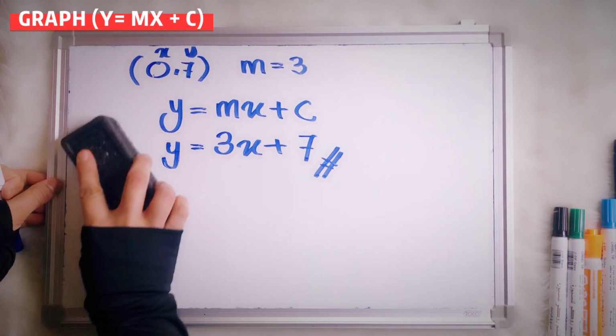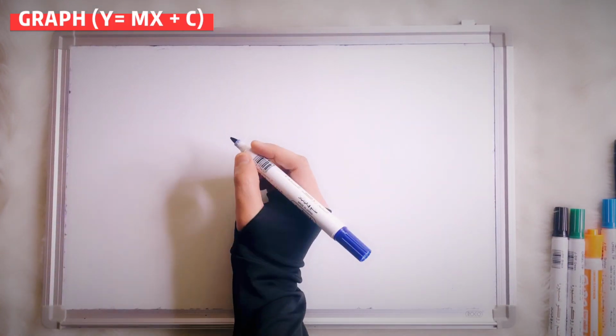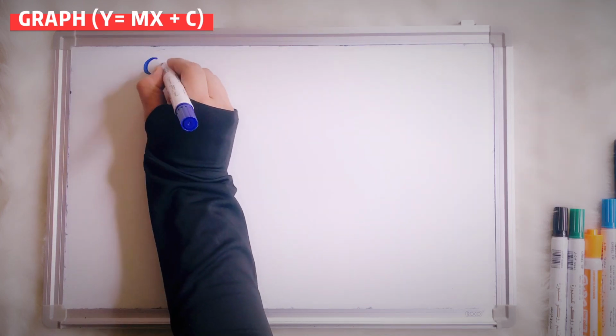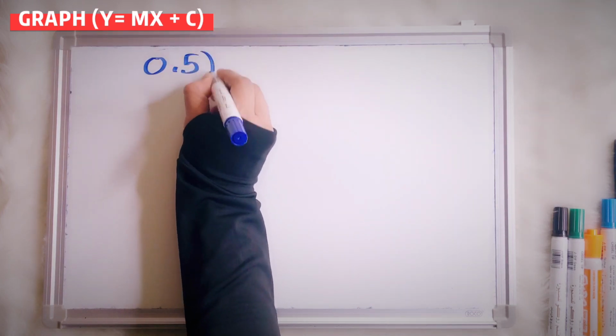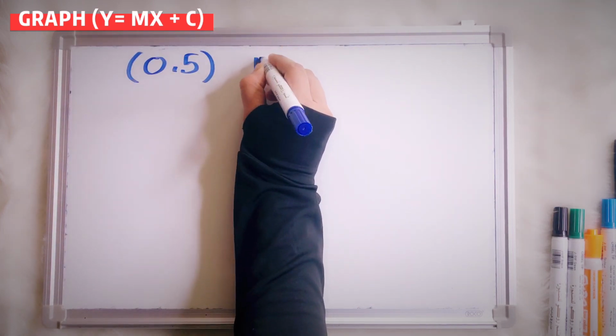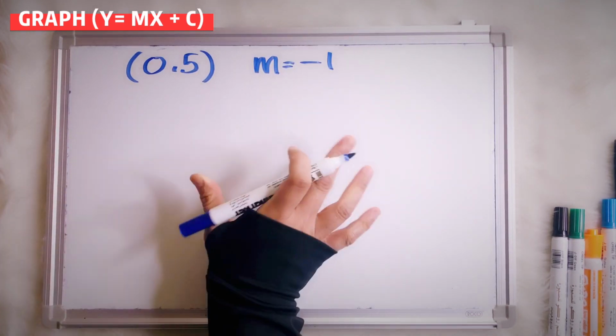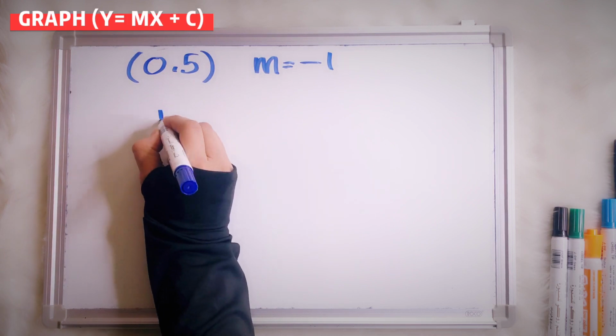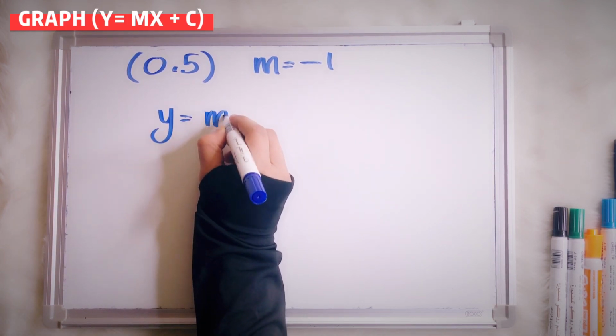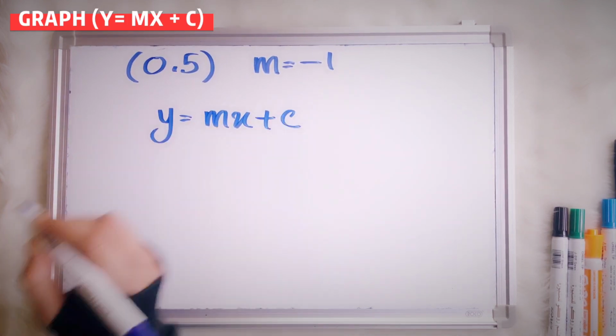Next one. Let's say your coordinate is (0, 5) and your m equals -1. So y equals mx plus c.